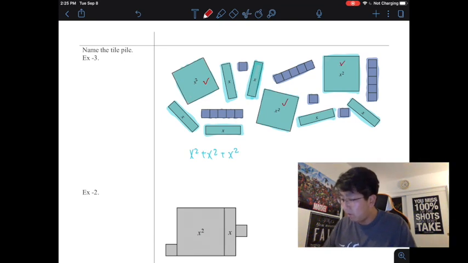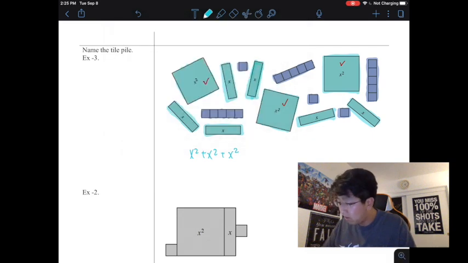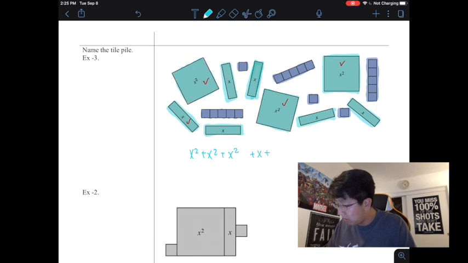Now, I'm going to go ahead and say plus 1x. So I'm going to say plus x, plus x, plus x. And just so you know what I'm saying, this first one right here is this one. The second one's right here. And this third one's right here. Okay?